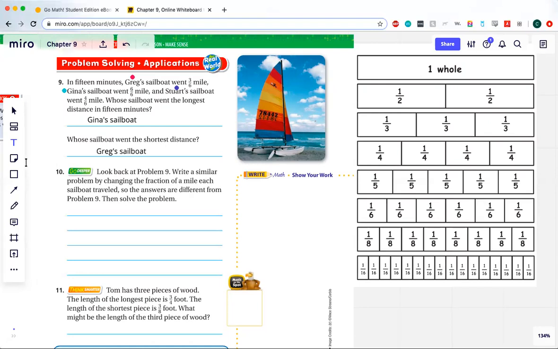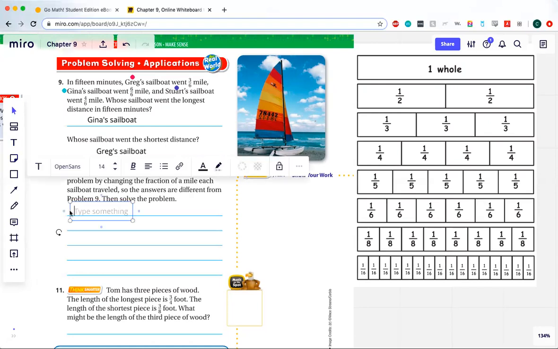Okay, and I'm going to say that in 10 minutes, Mrs. Starnicky's sailboat went 4/5 of a mile.